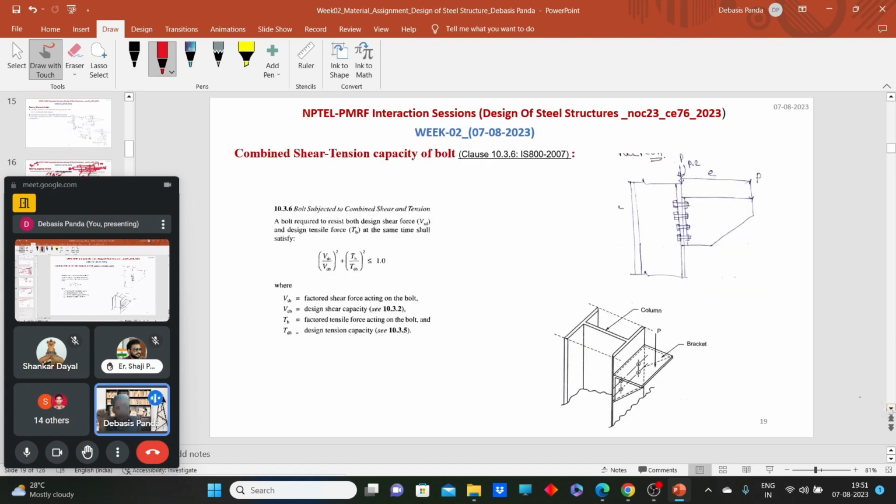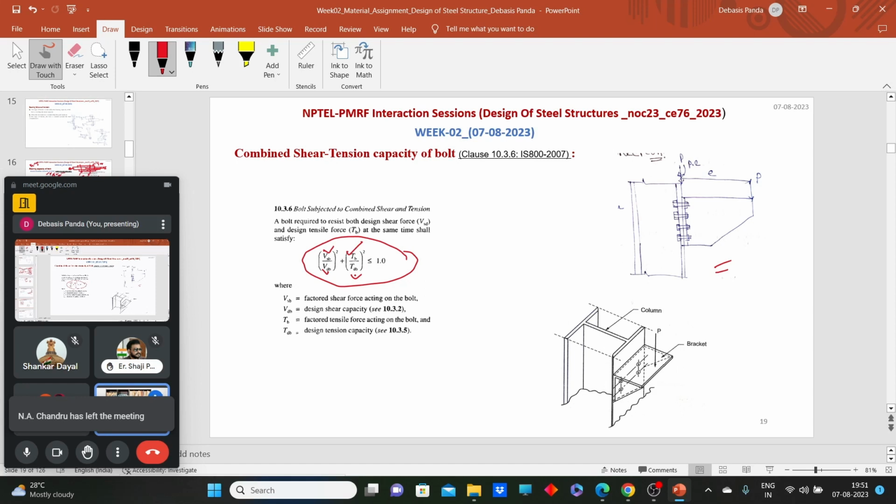One more thing, when the bolt is subjected to direct tension and shear both, like for this shear tension connection, we have to check one compatibility condition. It says the factored shear force V_sb applied on the bolt divided by the shear capacity, squared, plus the factored tensile force applied on the bolt divided by the design tensile capacity.